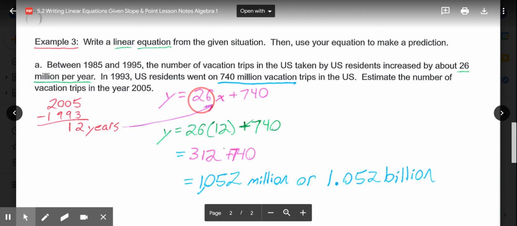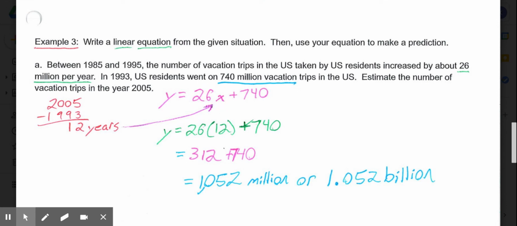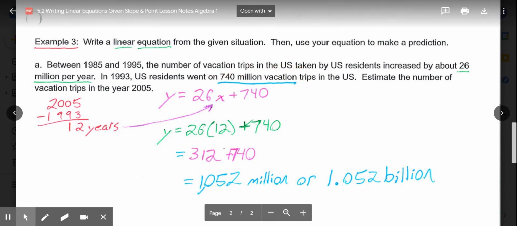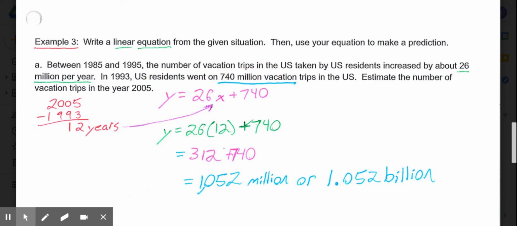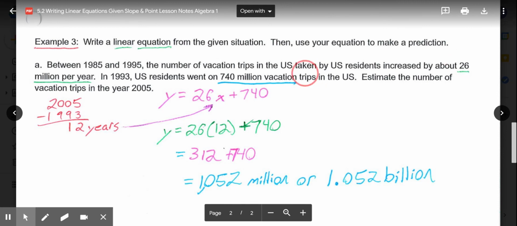So y = 26x + the original 740 million vacation trips that began. So in 1993, there were the 740 million plus the 26 million per year.